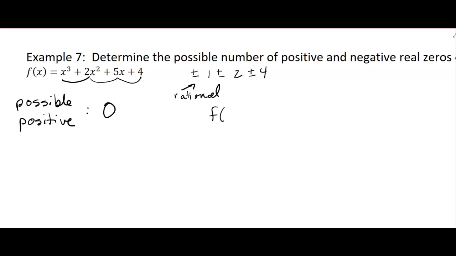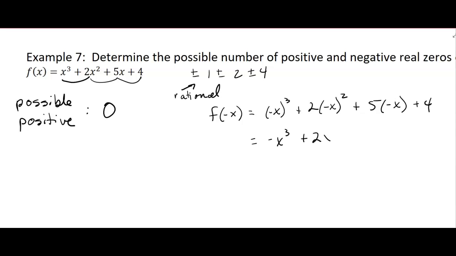So you have to find f of negative x. So think about putting a negative x in. And then you're going to simplify that. Now you're going to count the sign changes.